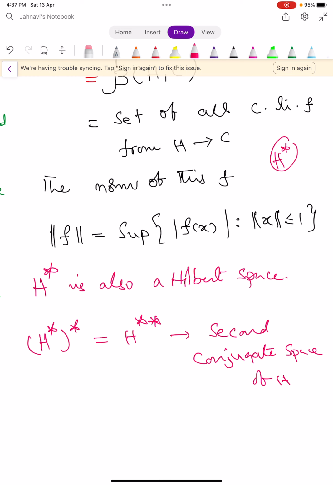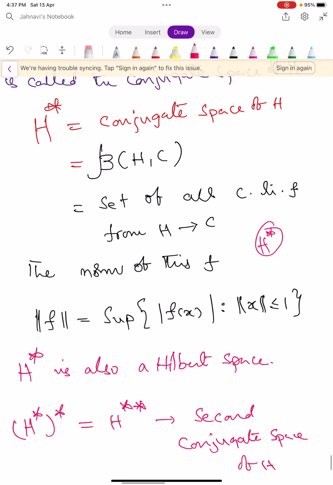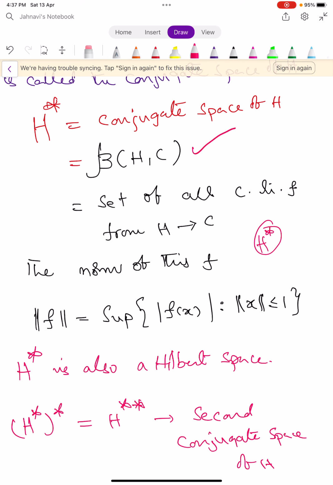So this is the theory behind the symbol H star. H star means conjugate space of H. This is nothing but script B of H comma C, the set of all continuous linear functionals defined from Hilbert space to complex numbers. The norm of these functionals is defined by norm f is equal to supremum of mod f of x, where norm x is less than or equal to 1. And this H star is also a Hilbert space.